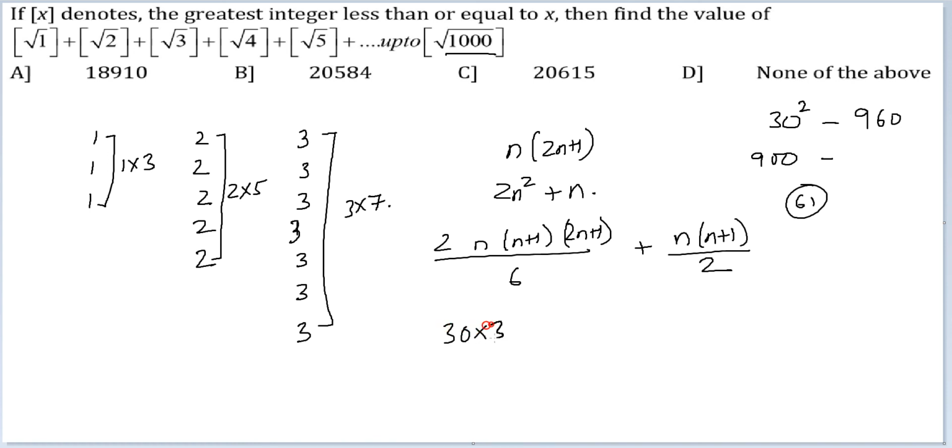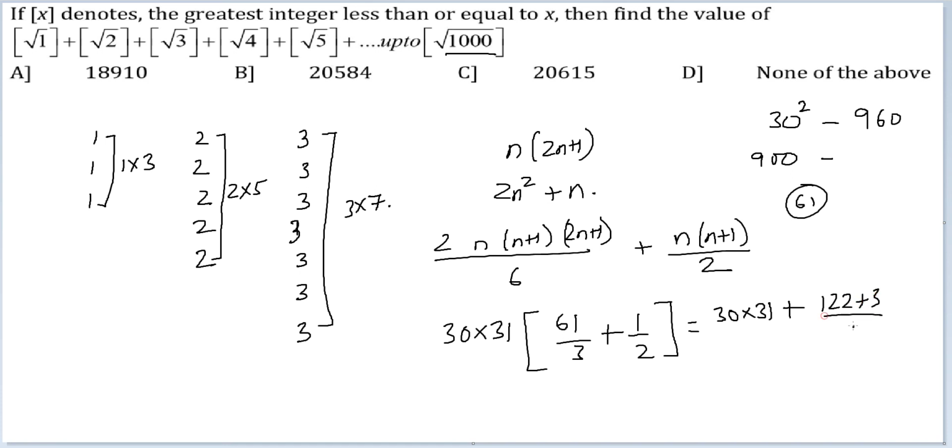So 30 into 31. In brackets I have 2 into 61 by 6 plus 1 by 2. And now I will have 30 into 31 into 122 plus 3 by 6.